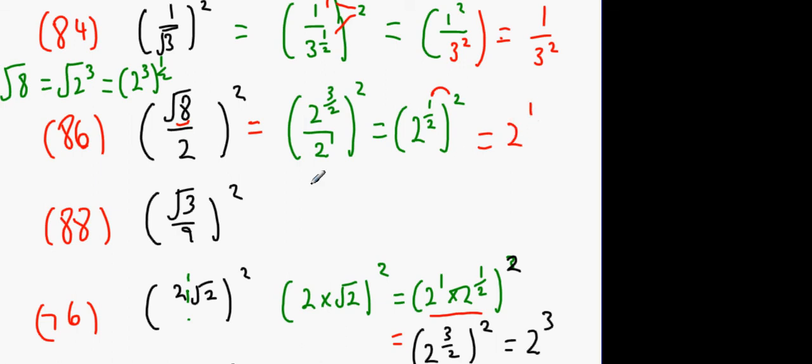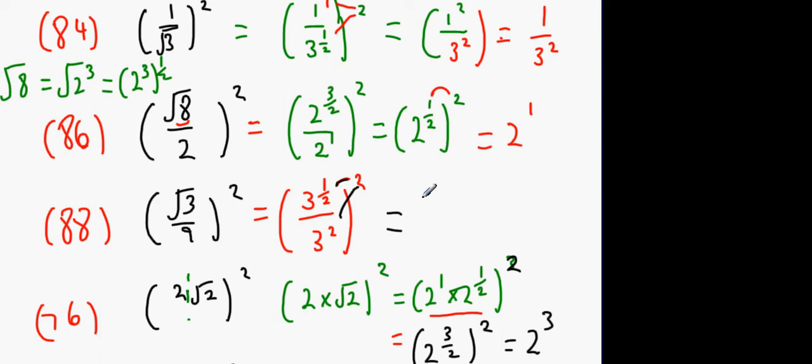The final one we have to do is convert root 3 to 3 to the power of a half. We convert 9 to 3 squared. And then we can multiply out the powers.